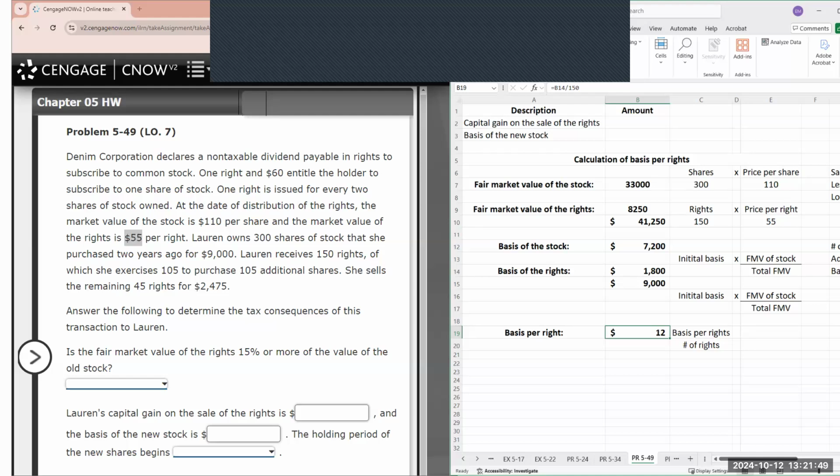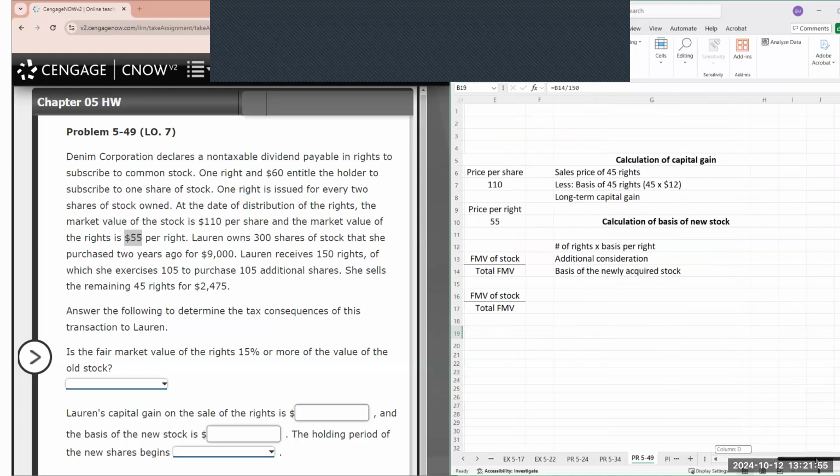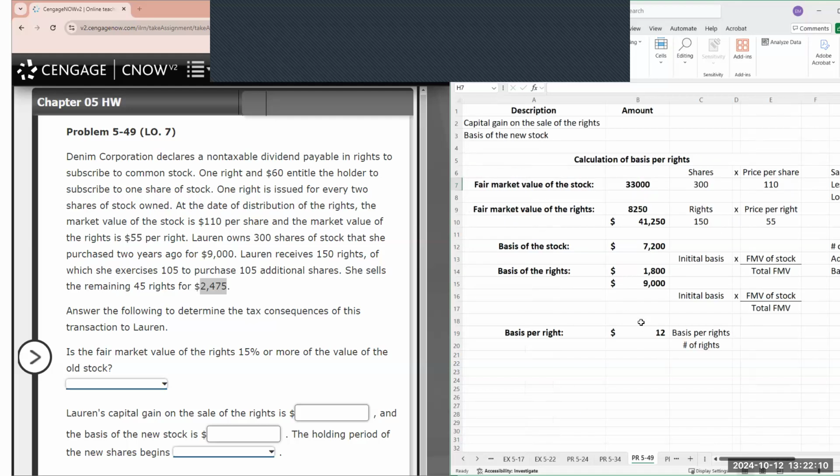So based on this information, we need to determine what is the calculation of the capital gain. So the sales price of the 45 rights, the problem lets us know, was $2,475. And we know that the price per right or the basis per right is $12.